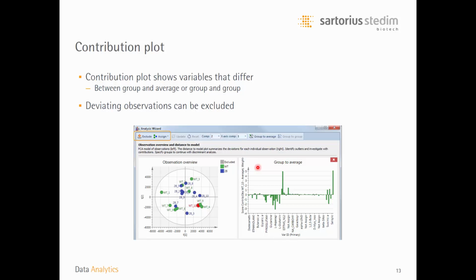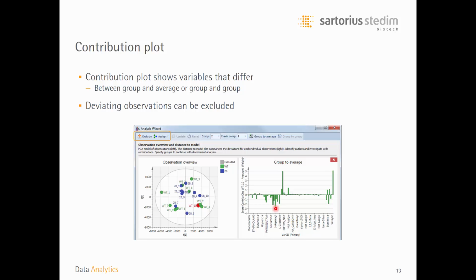And the larger the numerical value is for this bar, the more strongly this sample is deviating in the variable that is highlighted. A positive bar, like for this variable, means that the deviating sample has a larger numerical value than the average sample, and the negative bar means that the variable in question has a smaller numerical value for this sample compared with the group average.